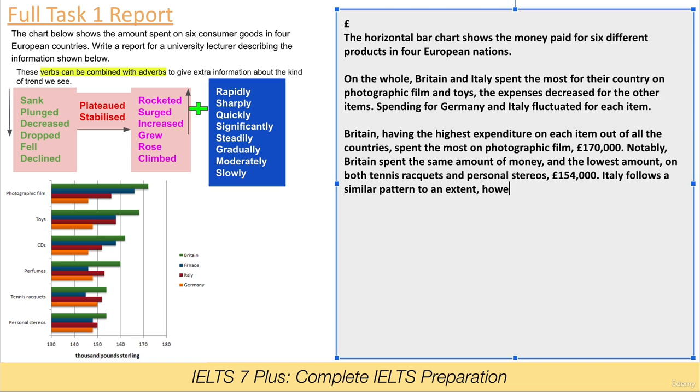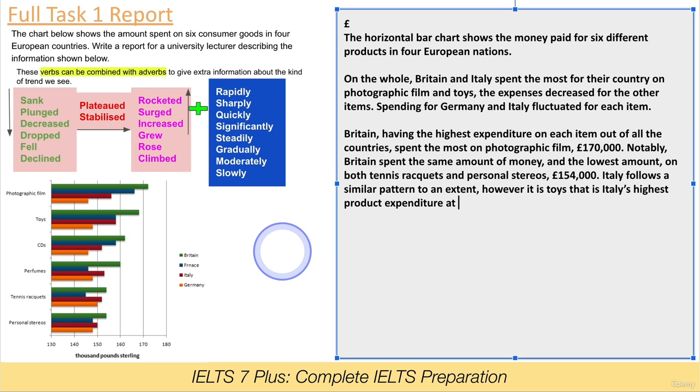However, it is toys that is Italy's highest product expenditure, not, or maybe we can put the number in there.